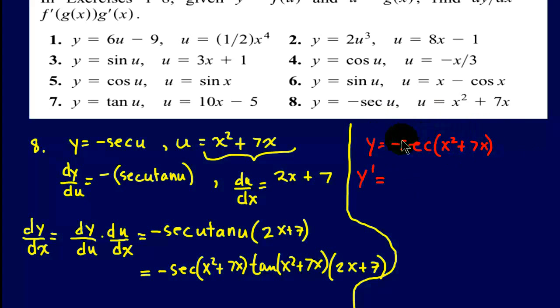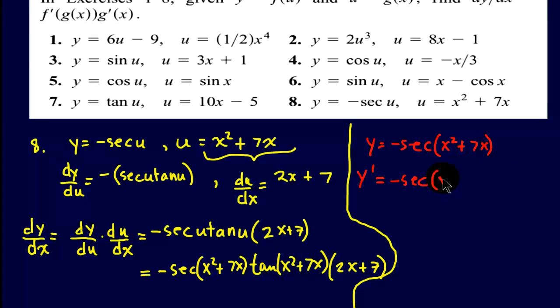The big picture says it's a secant function. So it's the negative of the derivative of secant function, which is secant of x squared plus 7x times tangent of x squared plus 7x times the derivative of x squared plus 7x.